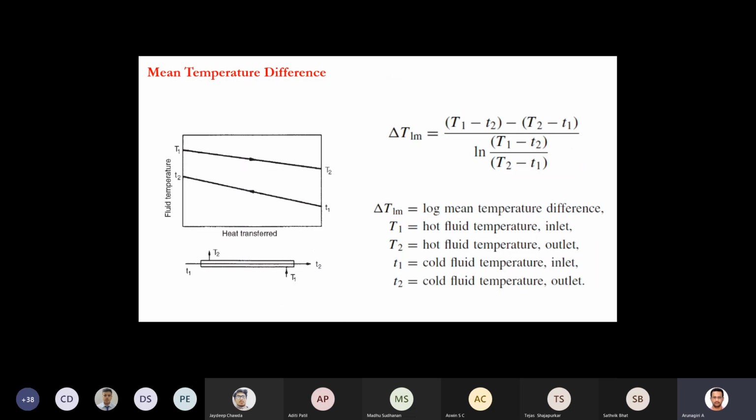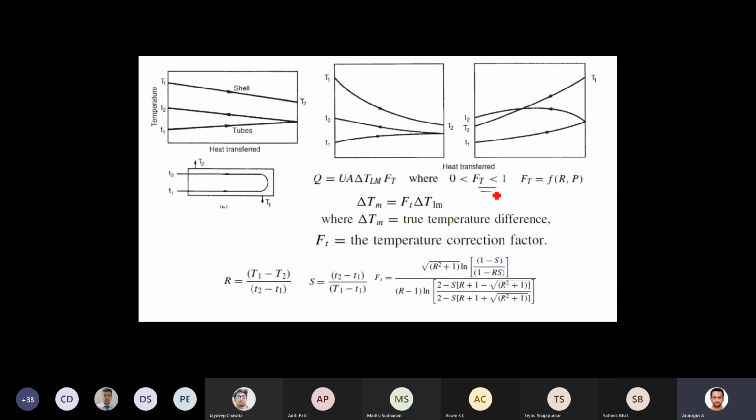Here you see this LMTD correction factor is always less than 1, as I said. Sometimes what will happen is called temperature cross, which is not desirable. Using R and S values, you can calculate this LMTD correction factor for one shell pass and two or any even number of tube passes.